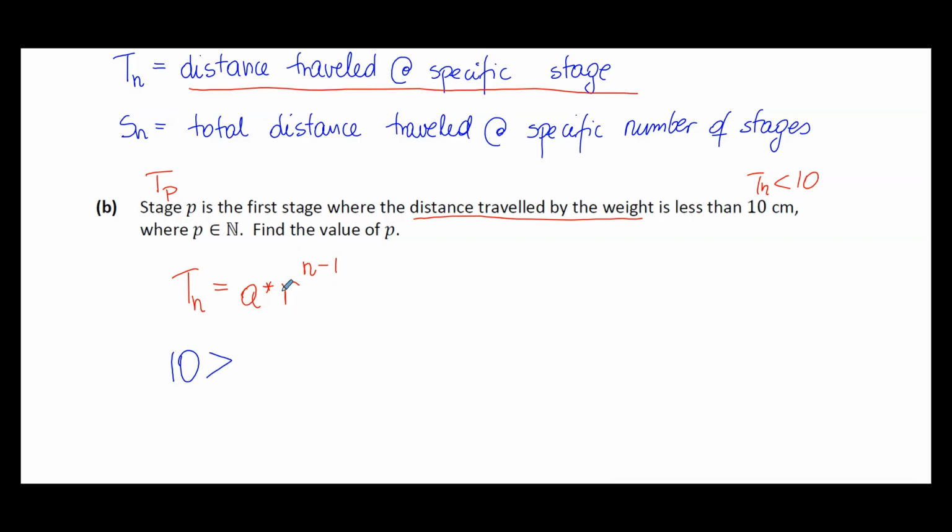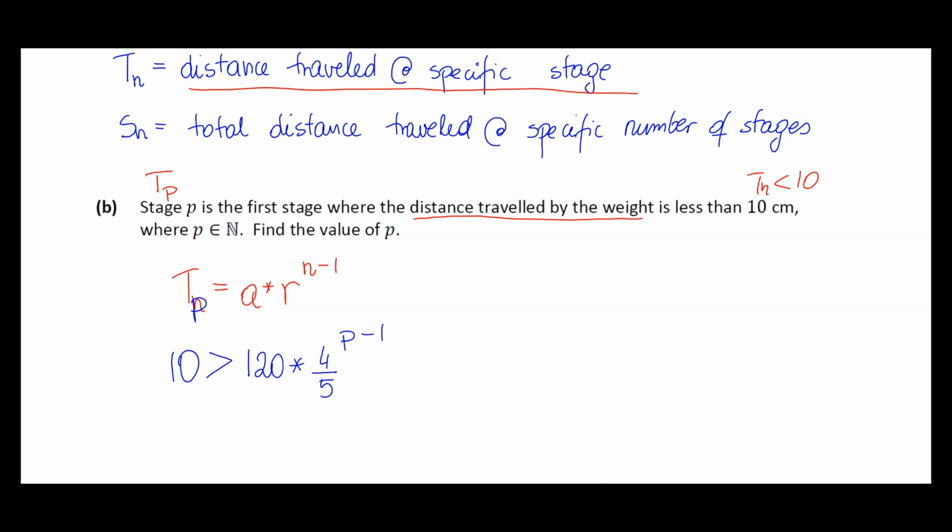So 10 will be bigger than this value. A is the first term, and in our case it is 120. We know that every time, the common ratio, we are multiplying by 4/5. And then we have P, the stage I'm looking at, minus 1.